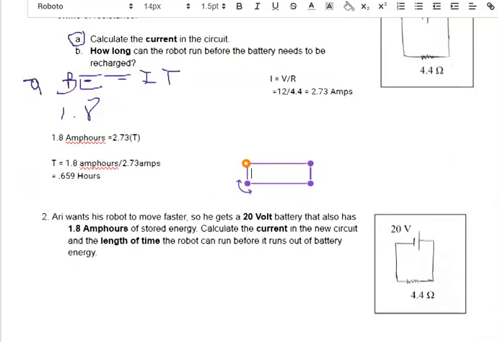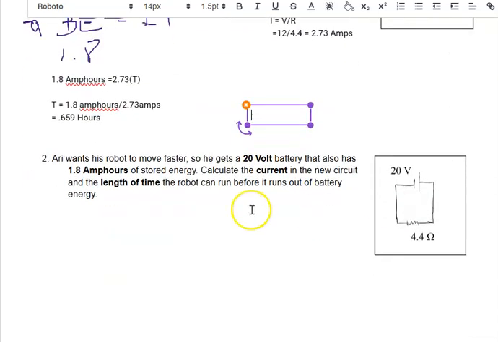Okay, so now he wants his robot to move faster, so he gets a higher voltage. But I want you to think about this logically, in case there's a logic question. This battery is giving away 20 joules of energy to every coulomb of charge, but it has the same amount of stored energy.